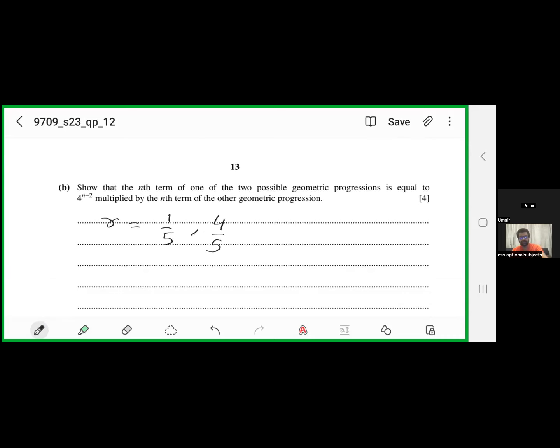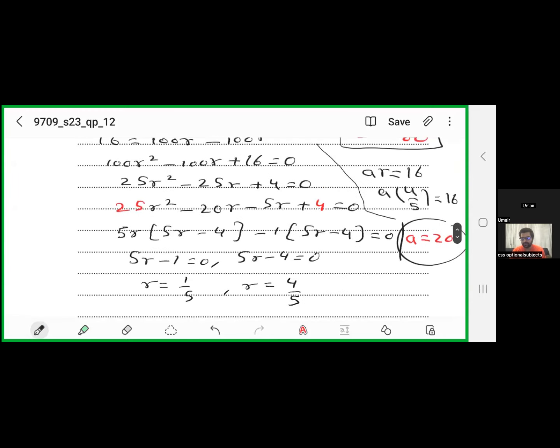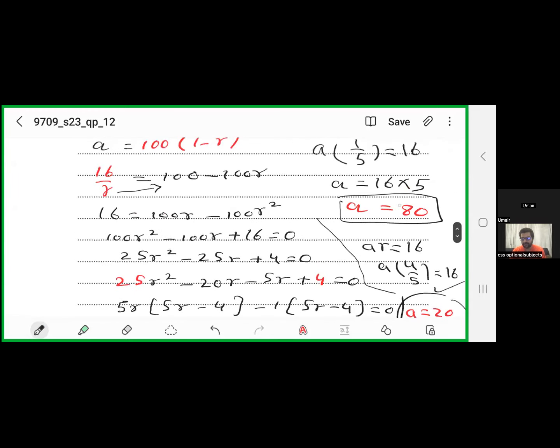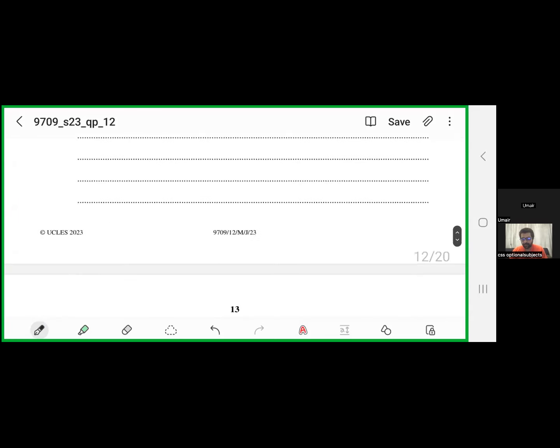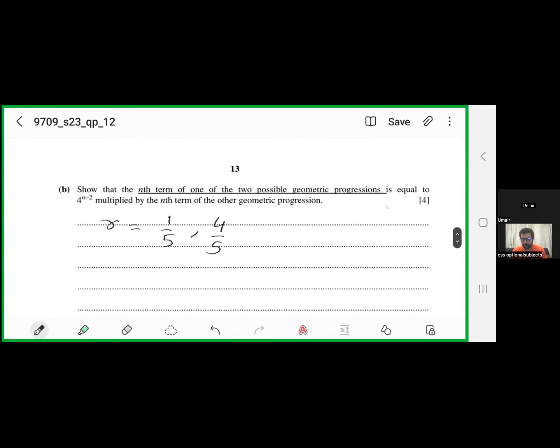This was our common ratio. And they are saying that nth term of one of the two possible geometric progressions, because we have two first terms. One first term is 20, other first term is 80. So we have two geometric progressions.